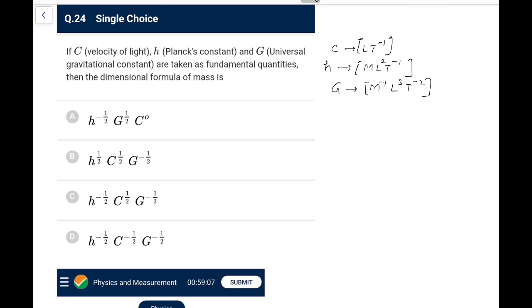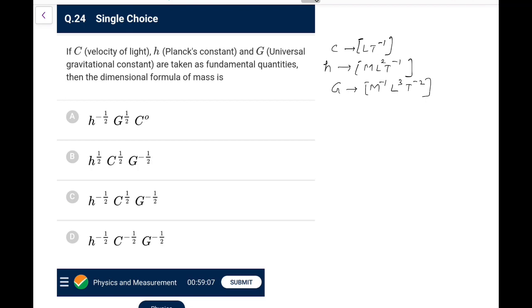Now to get mass and cancel everything else out, it should be H and G. If H is half, then definitely G must be minus half. So H half, G minus half.